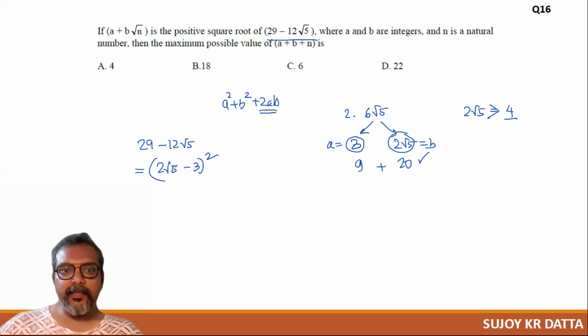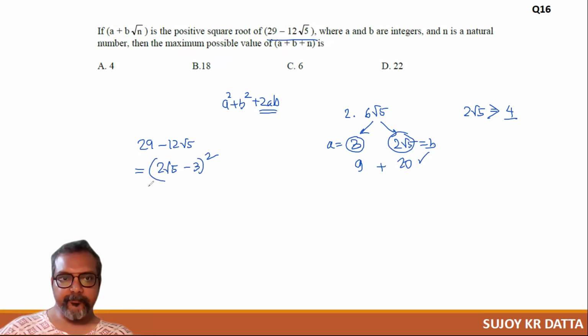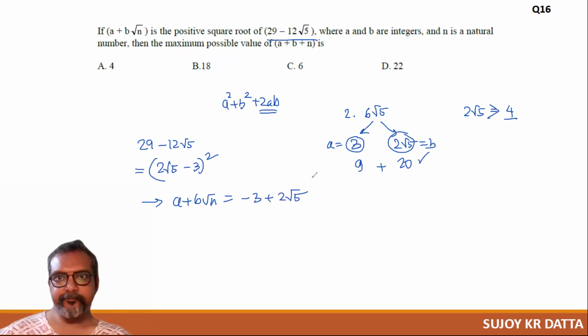So the square root of this will therefore be a plus b root n, which is minus 3 plus 2 root 5, where a and b are natural numbers, n is a natural number. So a is negative 3, b is 2, and n here is 5. So that could be a possibility.